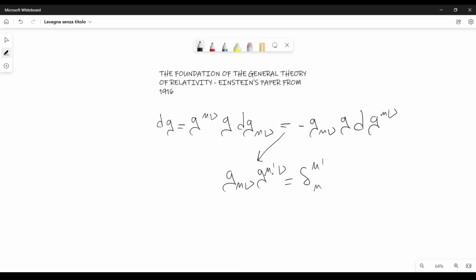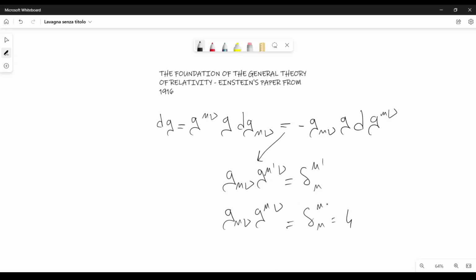But now if we sum over μ' and μ, so if we contract the indices μ and μ', we get g^{μν} g_{μν}, and this gives us δ^μ_μ, which is equal to 4.